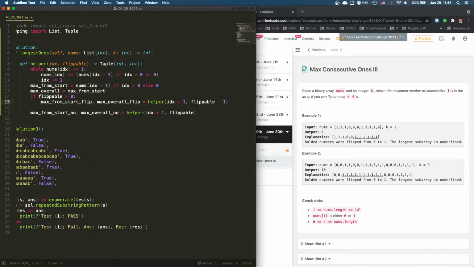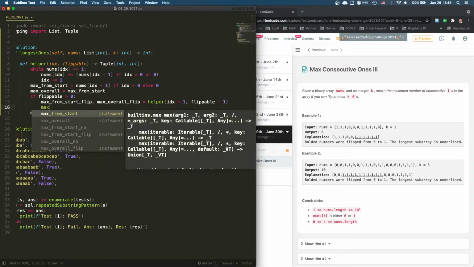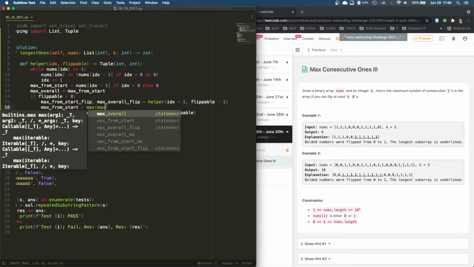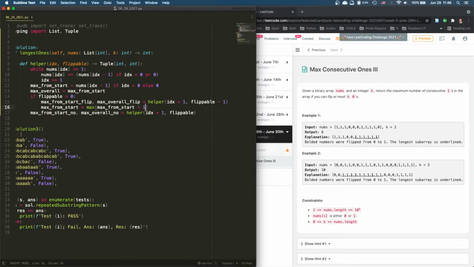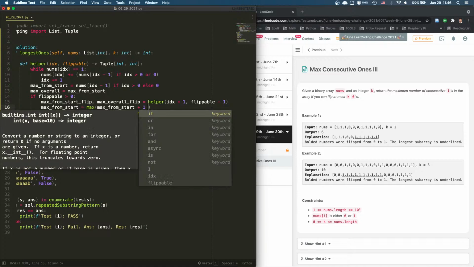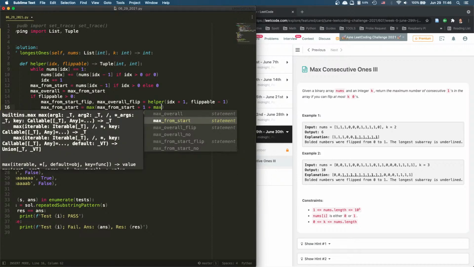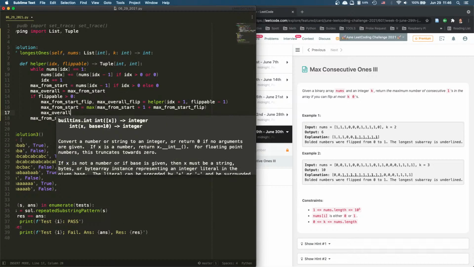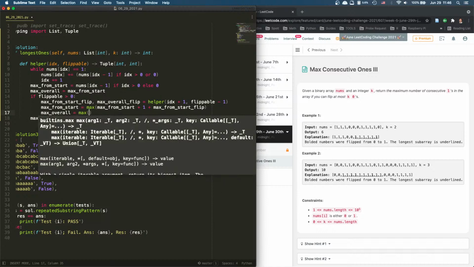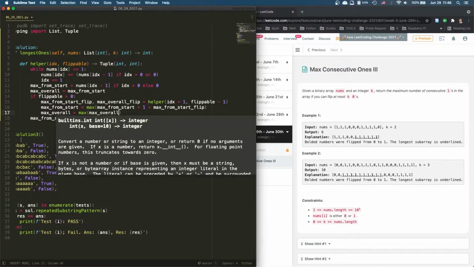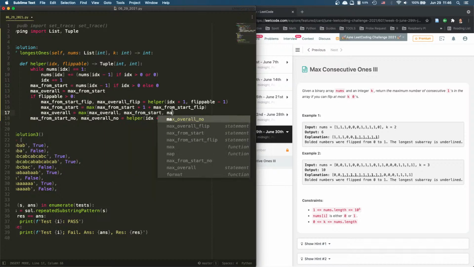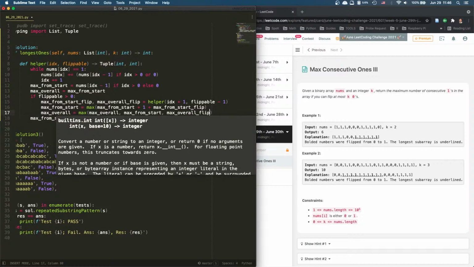So if I flip, then max from start should be equal to max from start plus 1, because I flip, and plus max from start flip, and max overall shall equal to max overall for sure, the ones we have so far, and max from start we just do, and the max overall flip.